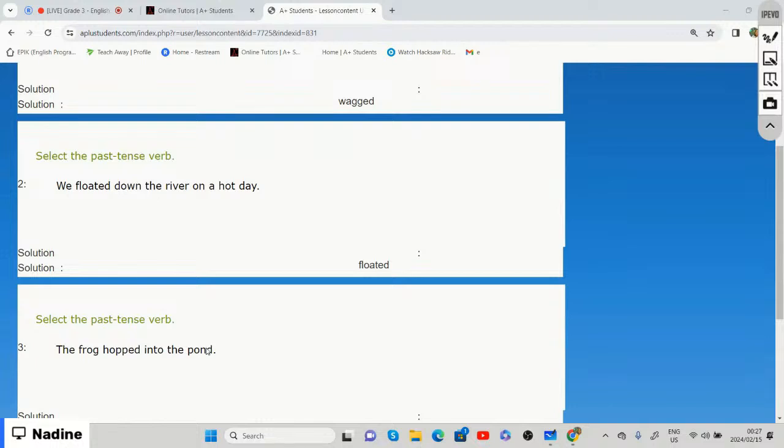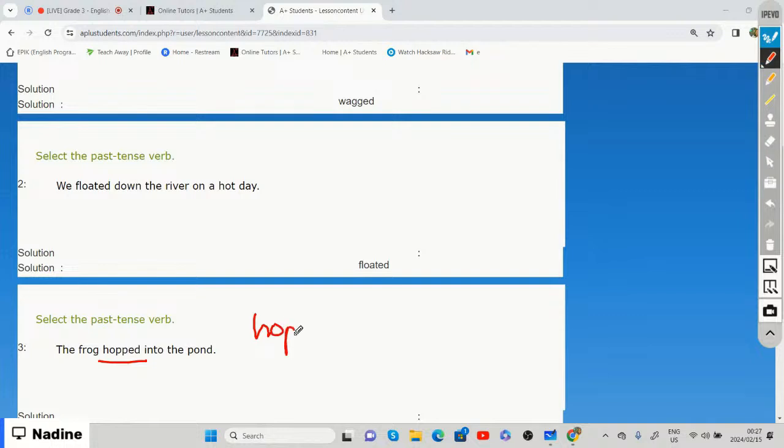And if we choose the correct past tense verb, then yes, it is hopped. So hopped is correct. So the frog hopped into the pond. And hopped is our regular past tense and it ends in ed.